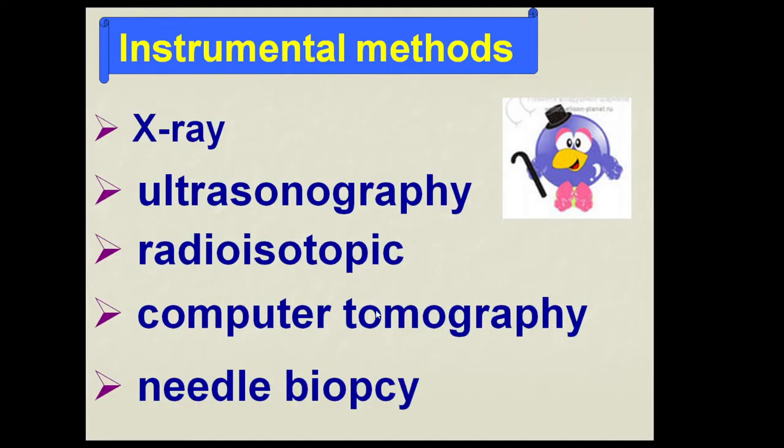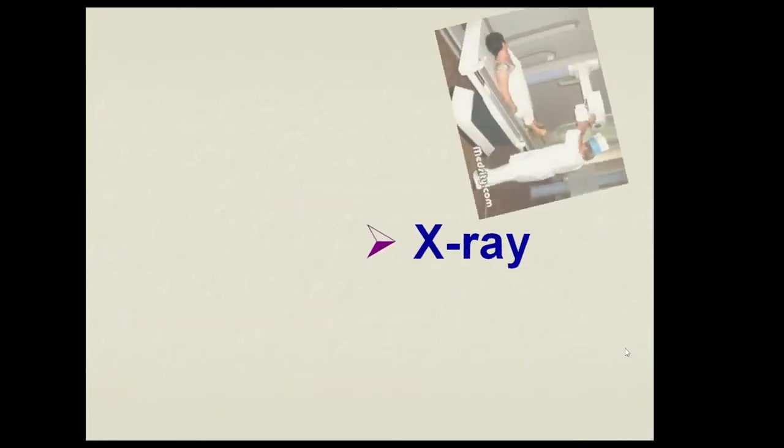The same restriction applies to the radioisotopic method. Computer tomography is needed in case of new growth or some specific pathology which is difficult to reveal on ultrasonography. And needle biopsy is the final stage, with definite indication.